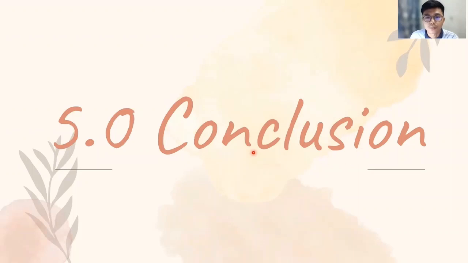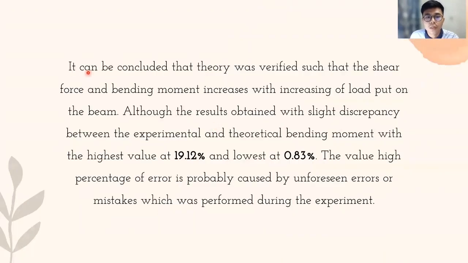Finally, the conclusion. From the experiment, it can be concluded that the theory was verified, such that the shear moment and bending moment increase with increasing amount of load put on a beam, although the results obtained had a slight discrepancy between the experimental and theoretical bending moment, with the highest value at 19.12% at the load configuration of part 1 and the lowest value at 0.83% at the load configuration of part 2.